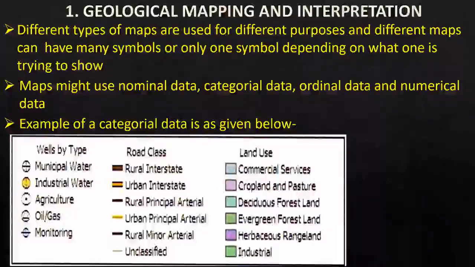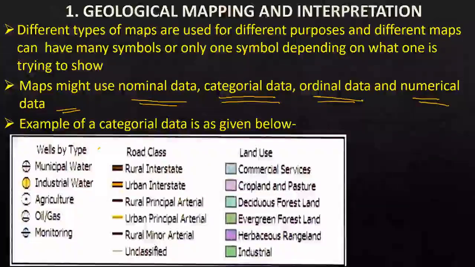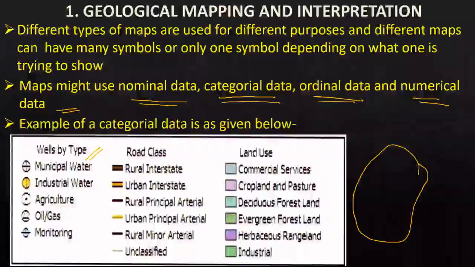Now these maps may use nominal data, categorical data, ordinal data, and numerical data. Okay, now some examples of categorical data, so you categorize it. You take a particular location. You can categorize the wells in that particular location. So that map can show you the details of the wells.